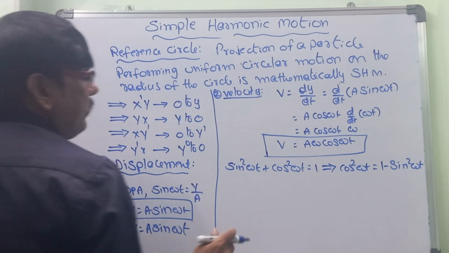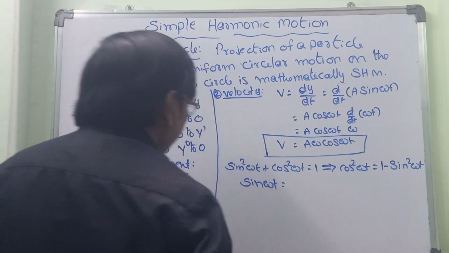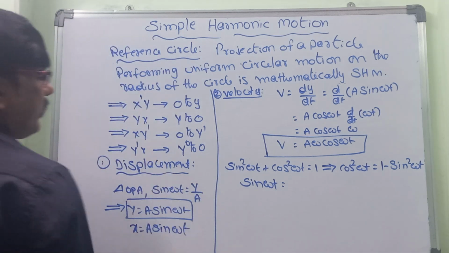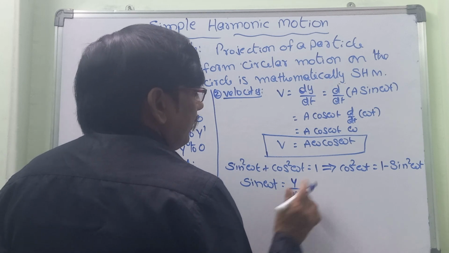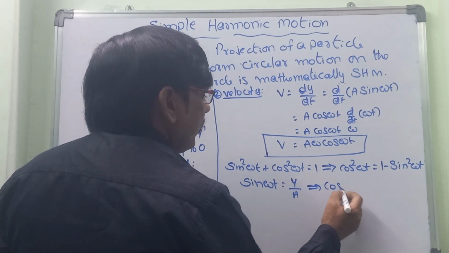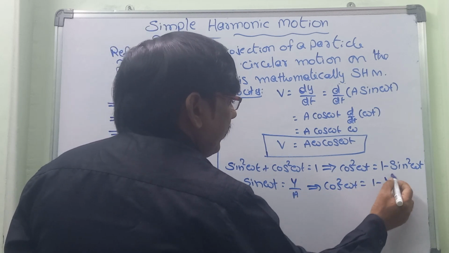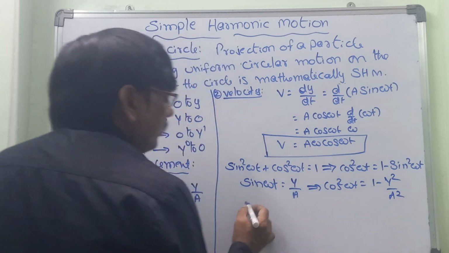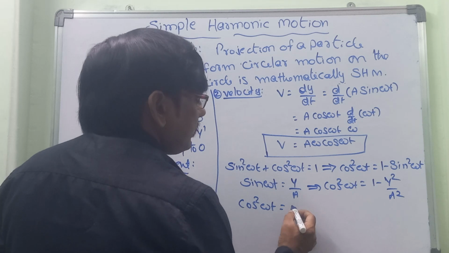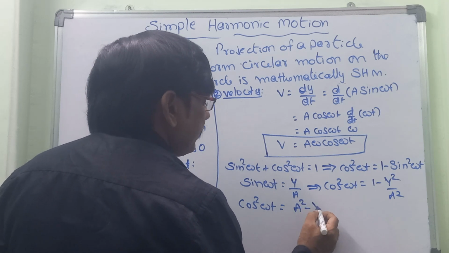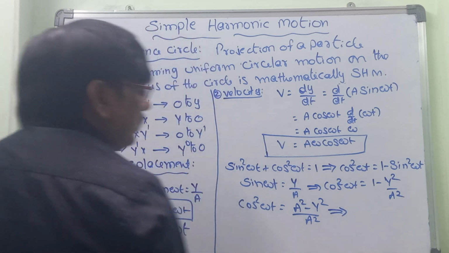The expression we have for sin omega t is y by A. So cos square omega t is equal to 1 minus y square by A square. Now let us do the LCM, so you will get A square minus y square by A square.